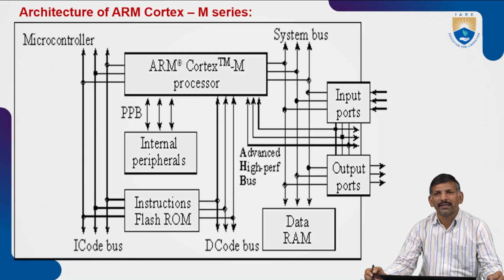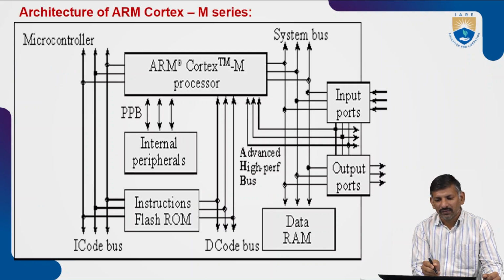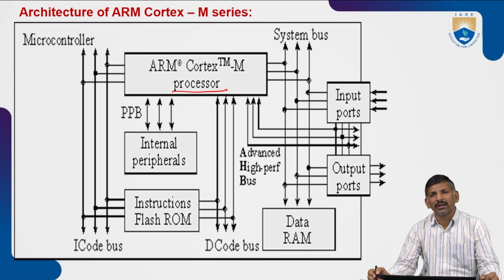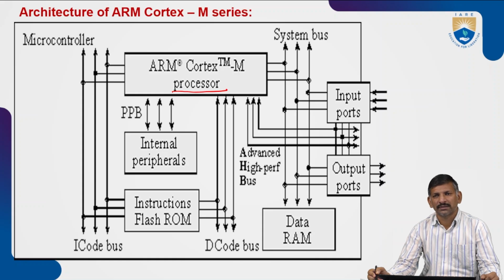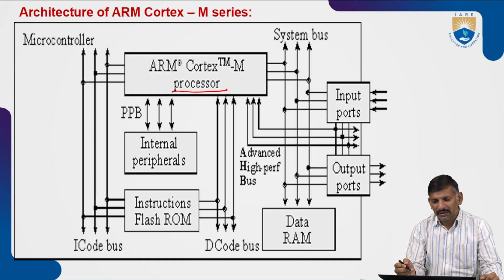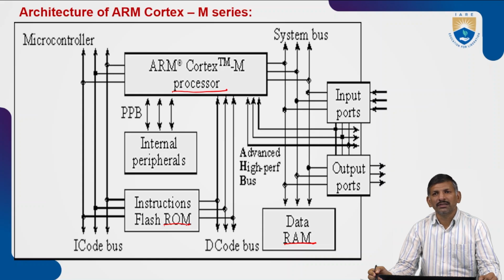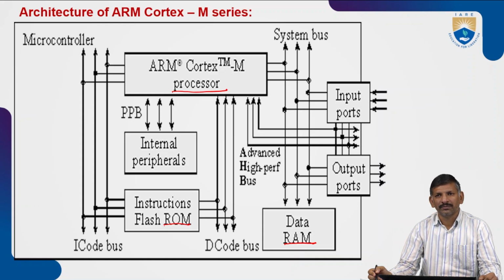If you look at this architecture, this is a generalized architecture. First, it contains a processor core for executing the instructions. Next, it contains memory devices, ROM and RAM, for storing the instructions and data.